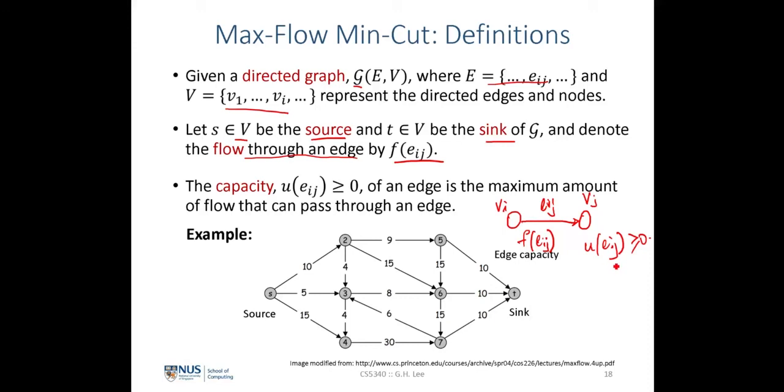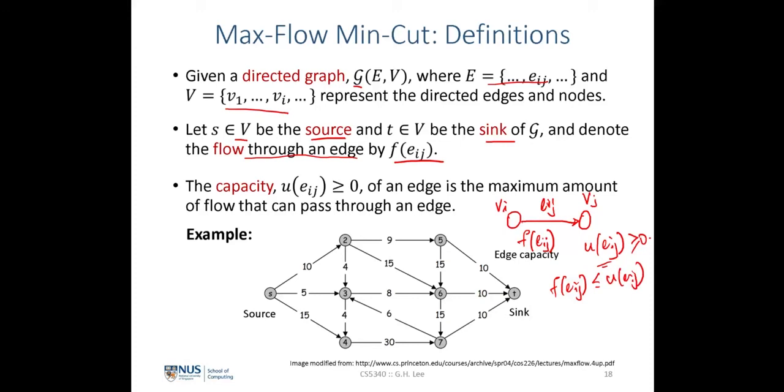In this case, the amount of flow has to be limited by the capacity of the edge. This means that the flow over Eij will always be smaller than or equal to U of Eij, which is the capacity.